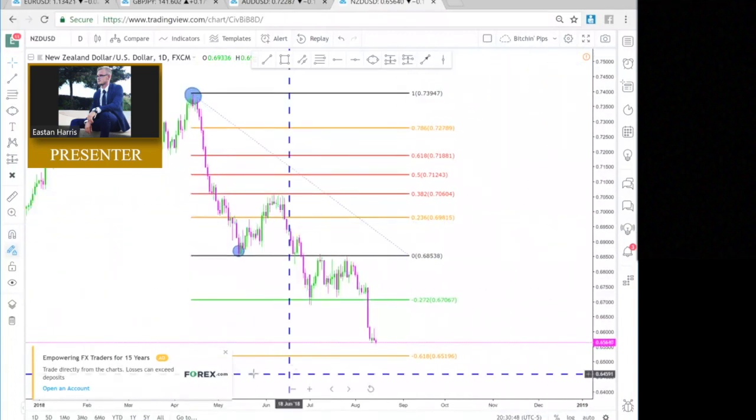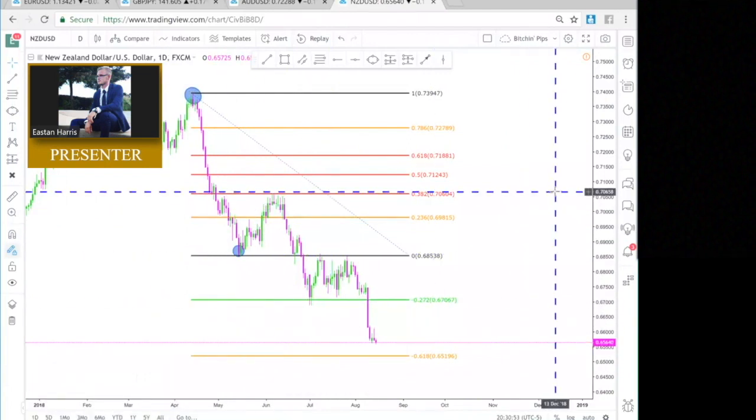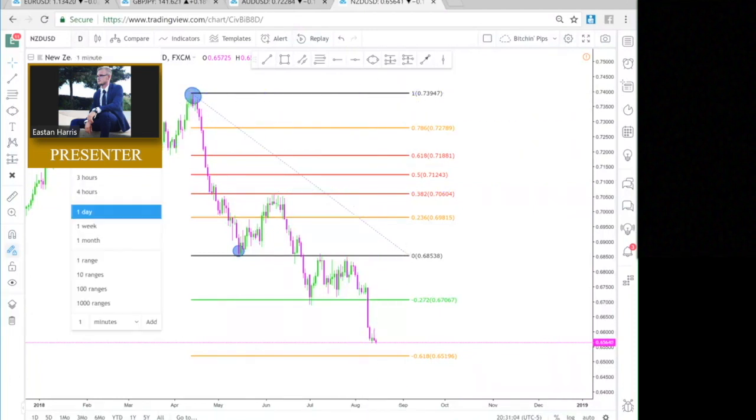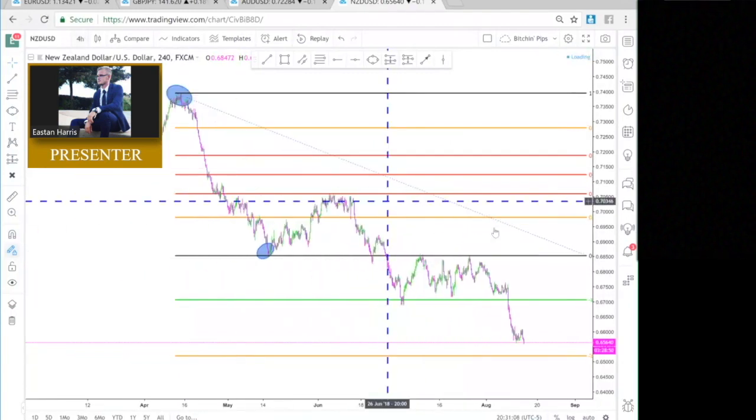Now, what's the next move? Got my fibs drawn. What am I doing next? Yep, we're gonna go down to the lower time frame for that confluence, that multiple time frame analysis. I want stuff to line up.